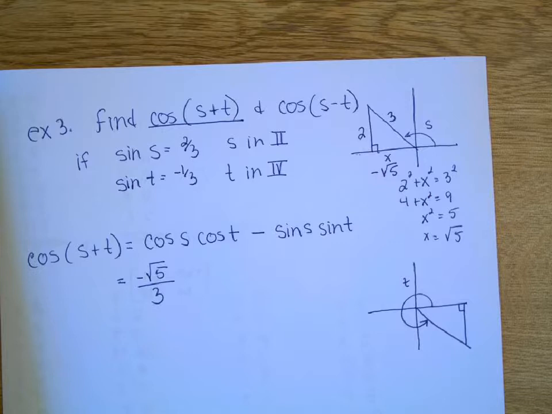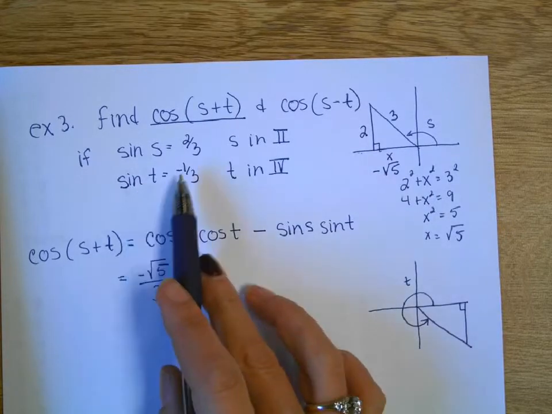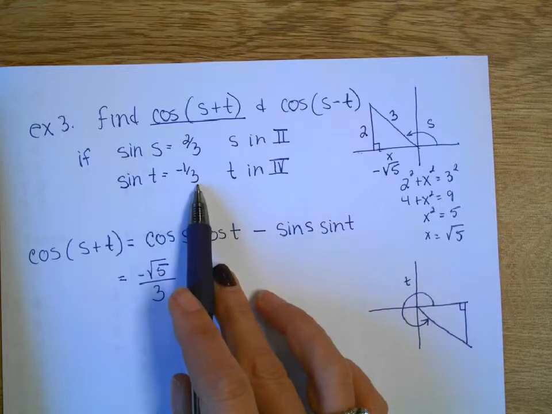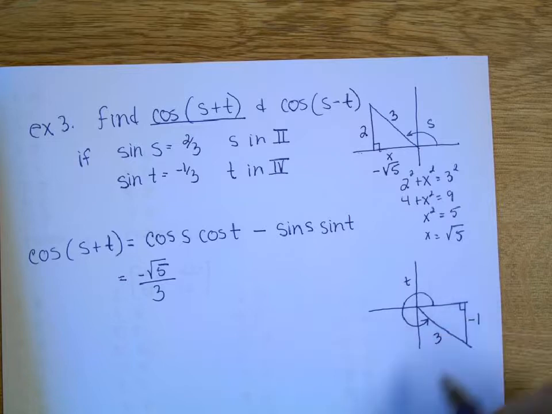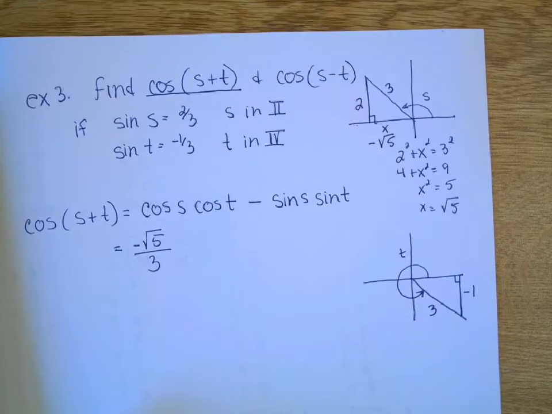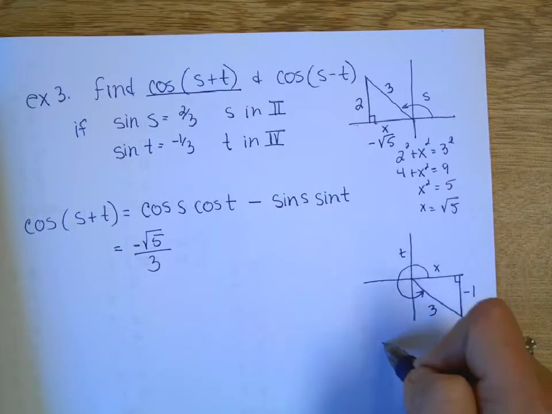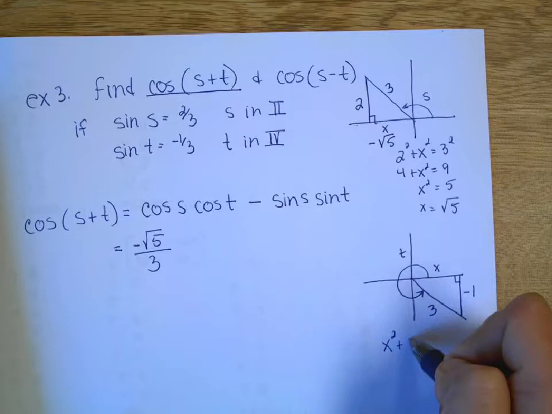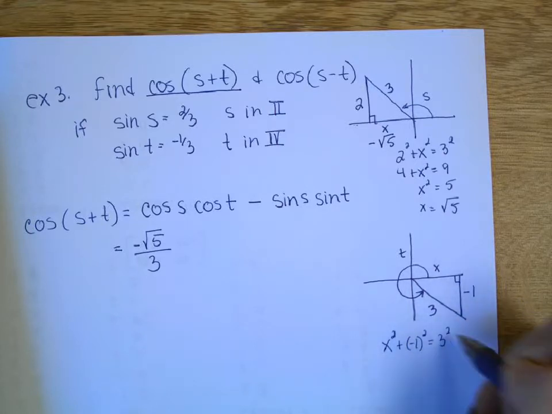And what two sides of that triangle do I know? The sine tells me opposite and hypotenuse. Opposite, hypotenuse. Got to do some Pythag. X squared plus negative 1 squared equals 3 squared.